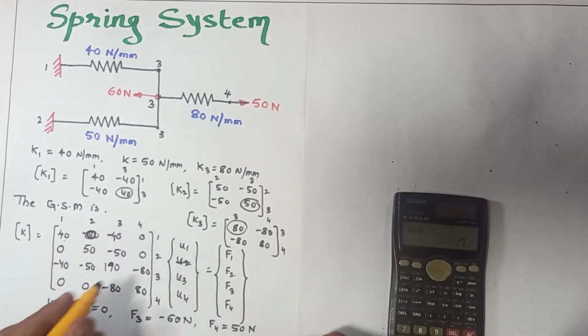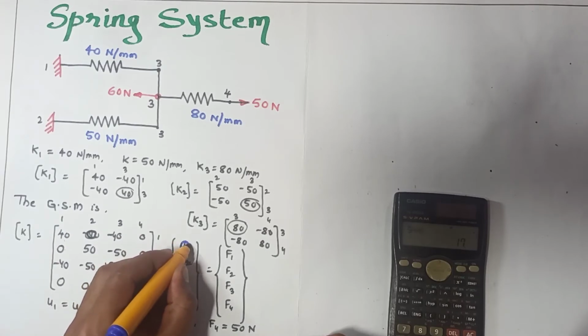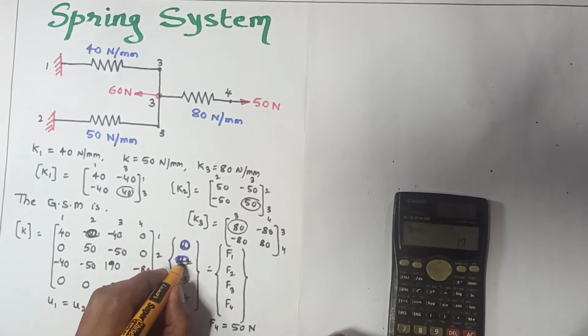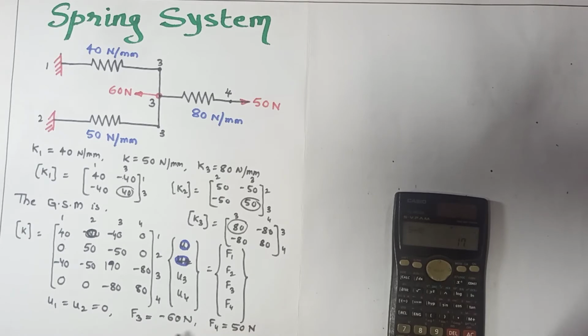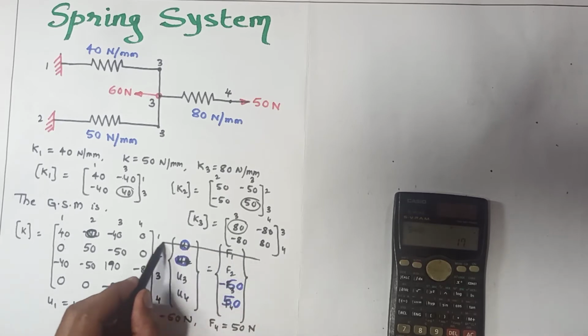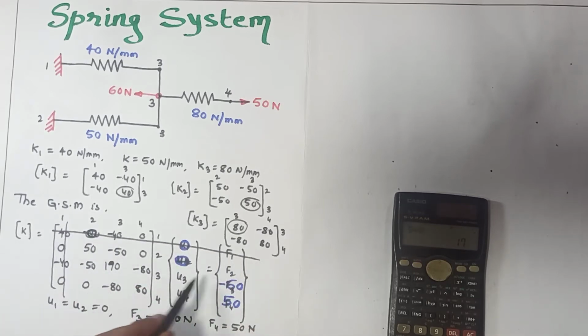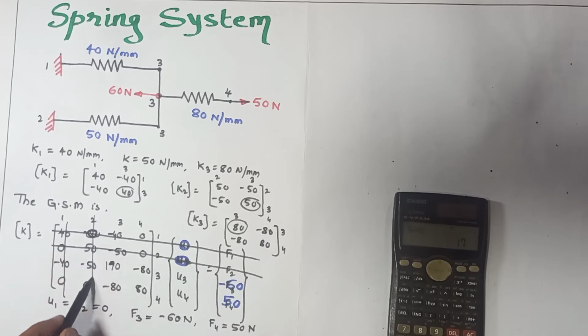You can write one more step. Here u1 and u2 are 0, 0, and F3 is minus 60, and F4 is plus 50. In the same equation I have written. Now the first row gets eliminated, and the second row and second column also get eliminated.